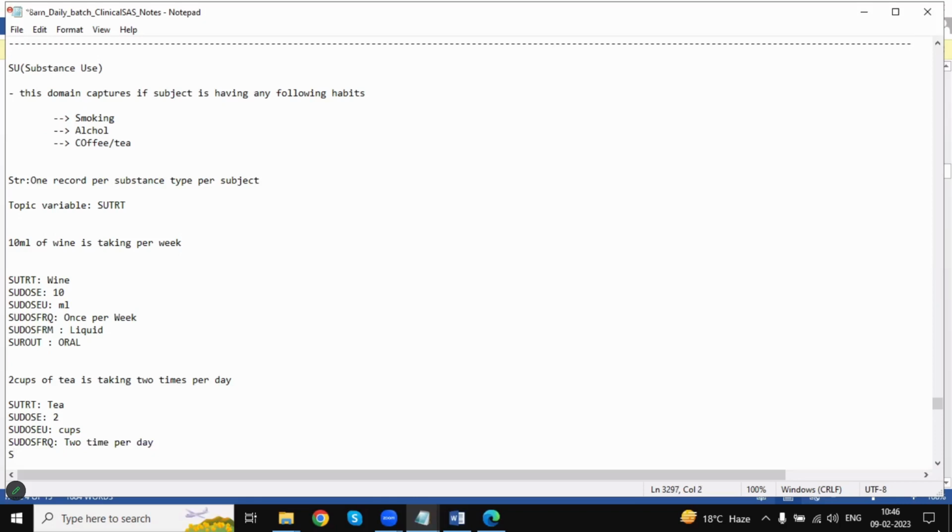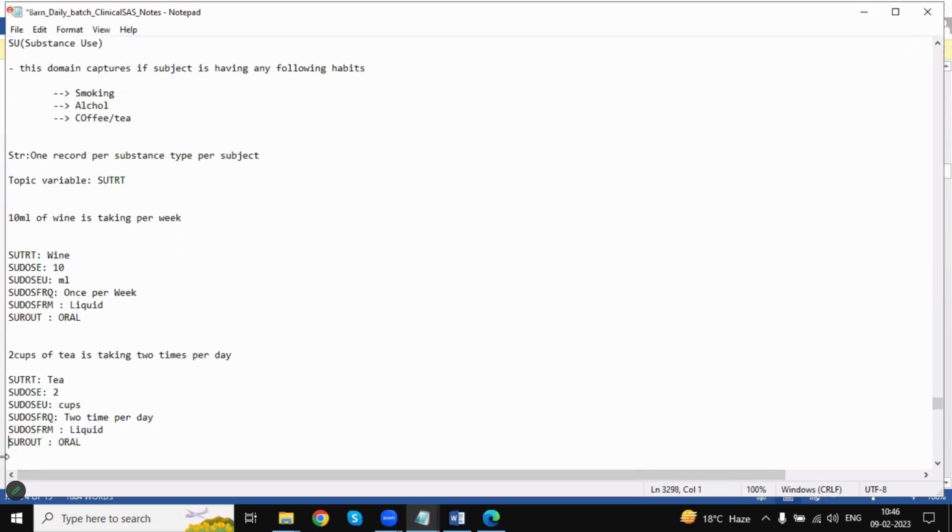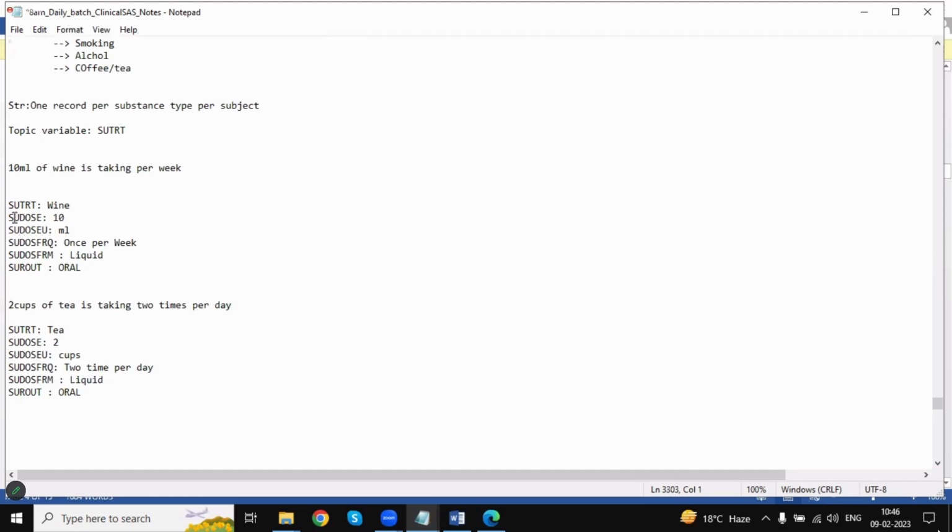Dose form is liquid, dose route is oral. Simple, right? Clear, guys? Easy.